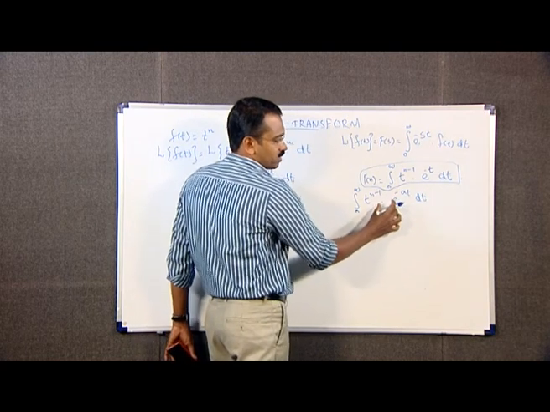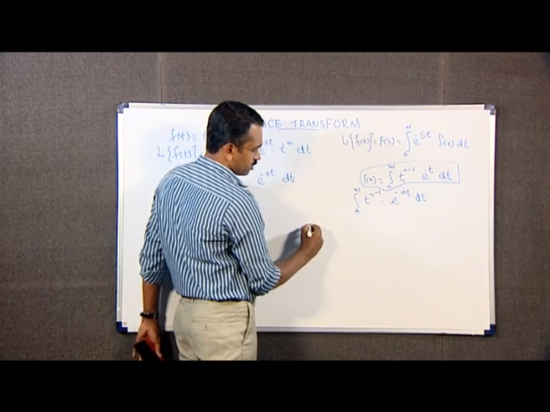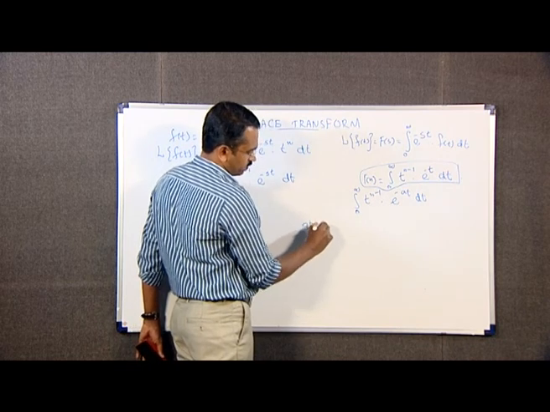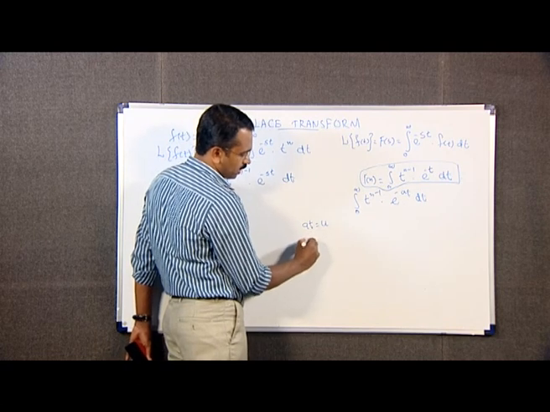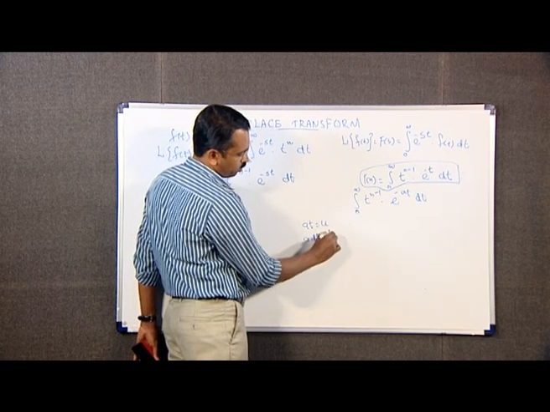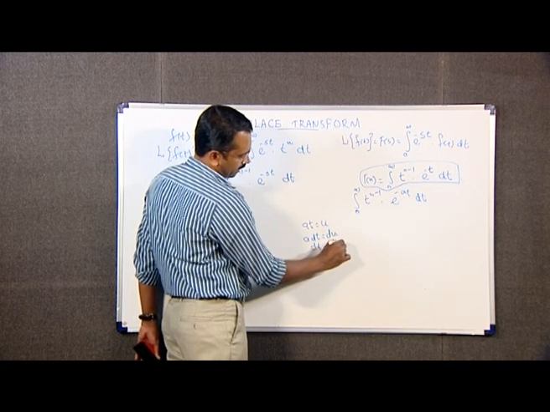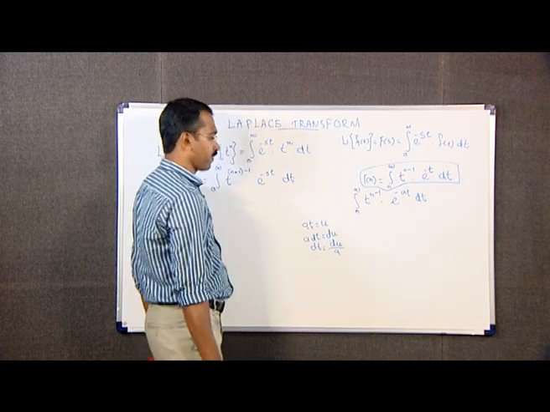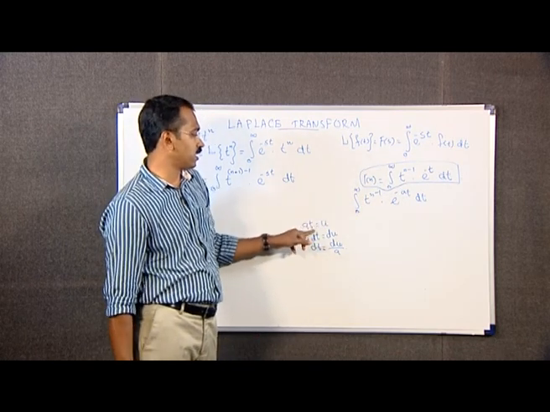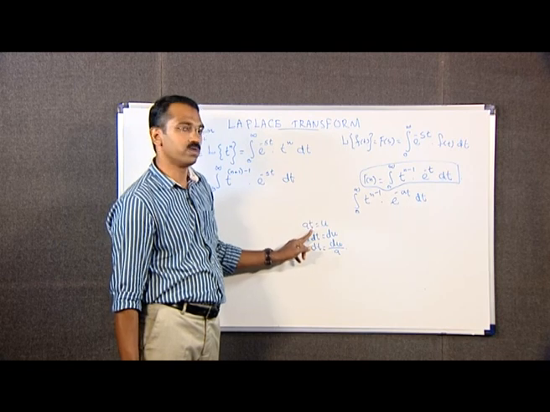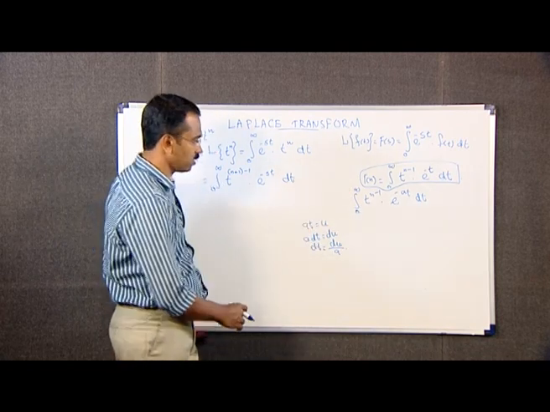To evaluate this integral, we use the substitution at equal to some u, so that a dt is equal to du, dt equal to du by a. The limits are the same because when t equal to 0, u will become 0, and when t equal to infinity, u also equal to infinity.